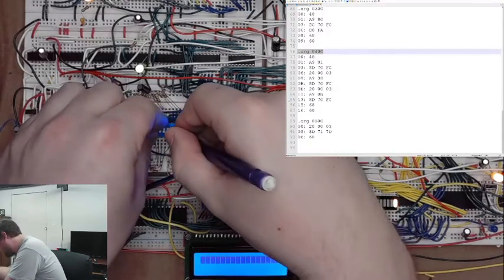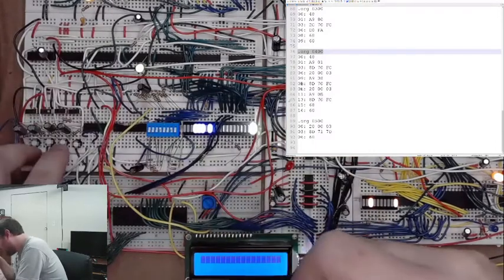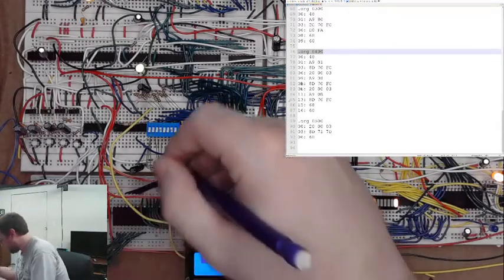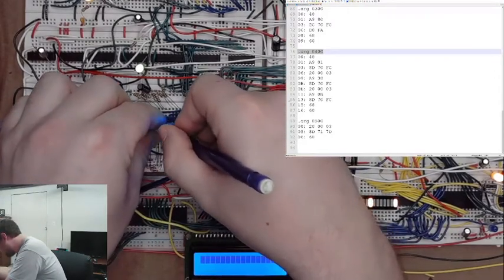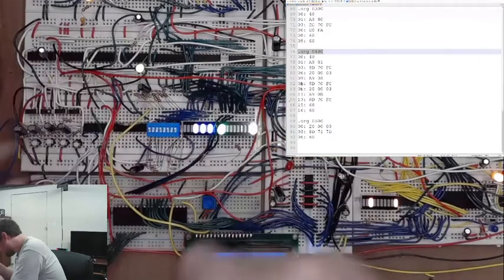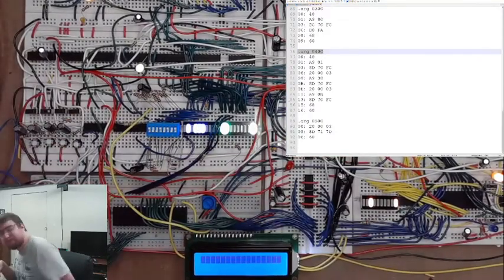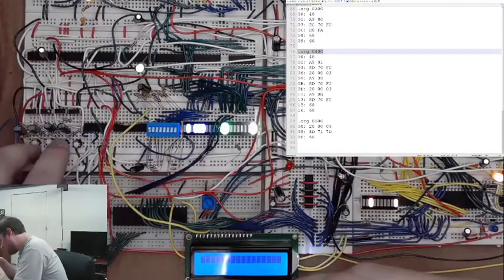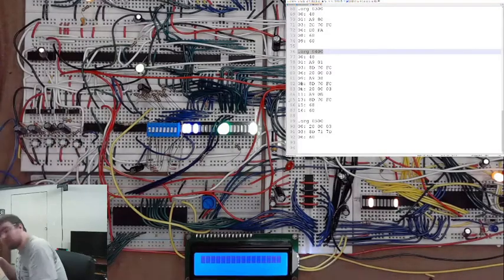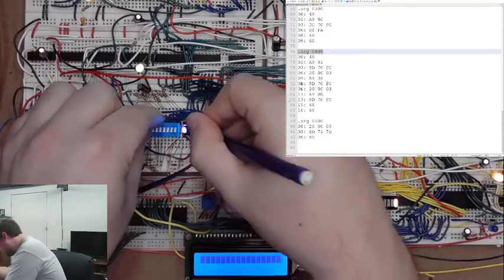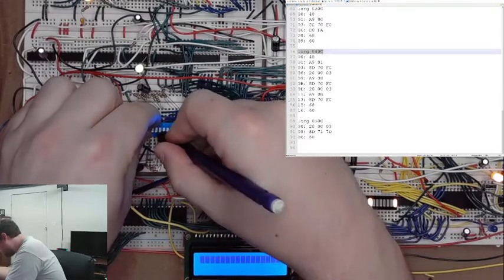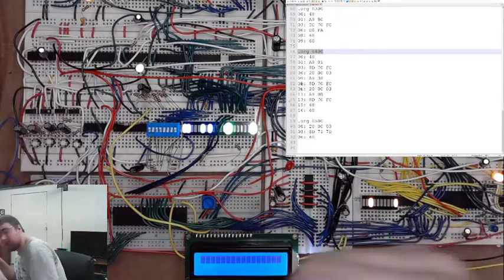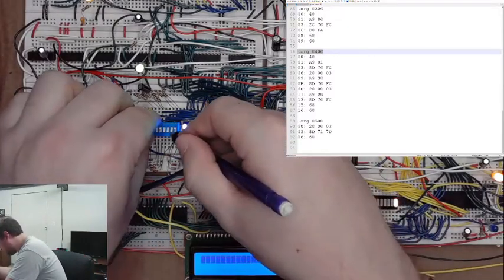And let me just write this program. 48. Next. 1 is supposed to be A9. Next. 01. Next, we should be at 3. Yep. 8D. Okay. 70.